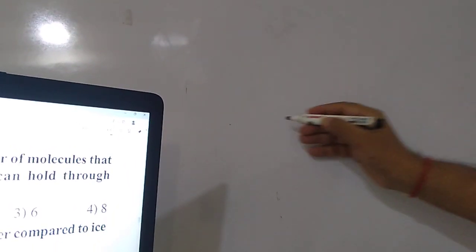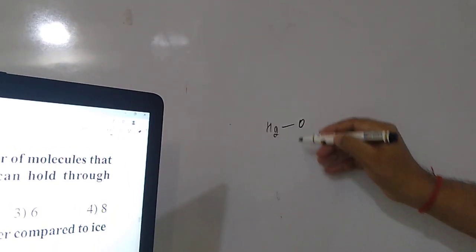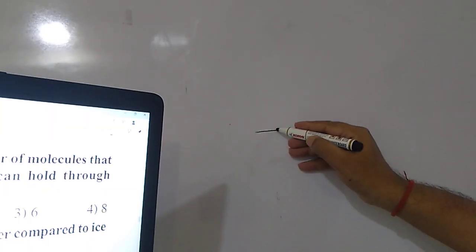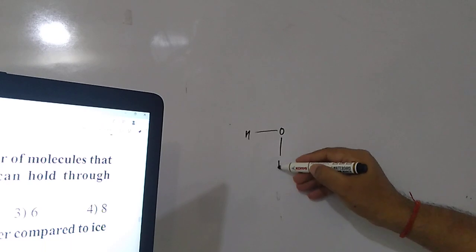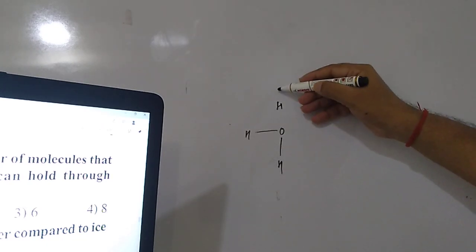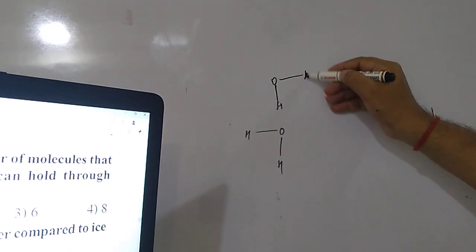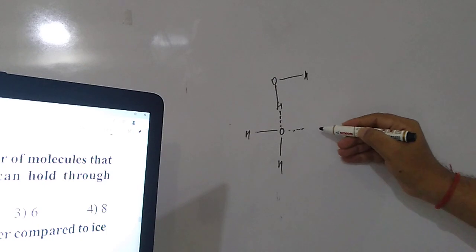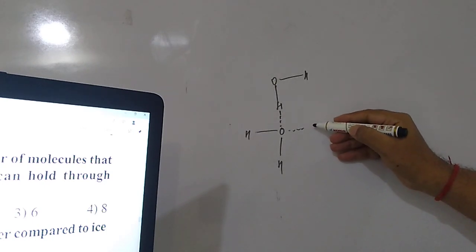So here we have H2O. One molecule I am writing as H, O, H. Here is hydrogen bonding, and here is another one possible.